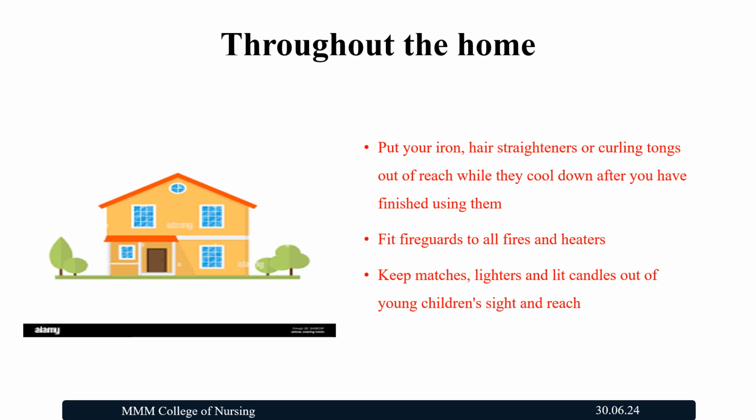Keep matches, lighters and lit candles out of young children's sight, so that we can prevent burns, because the group most commonly prone to burns is obviously children. So in whatever area, we can take steps to prevent children from getting burns.